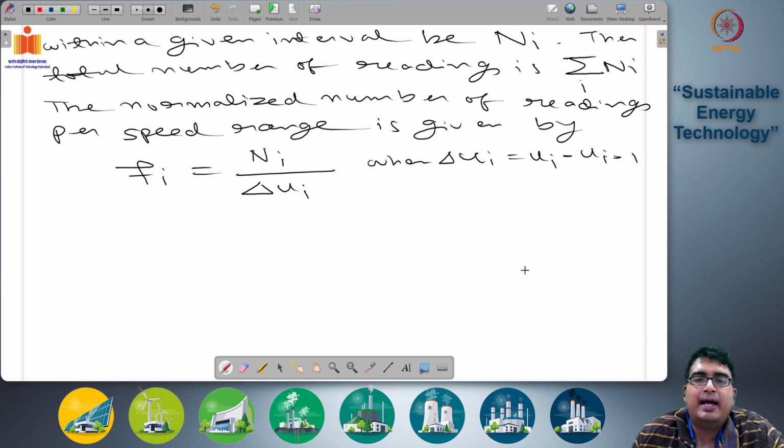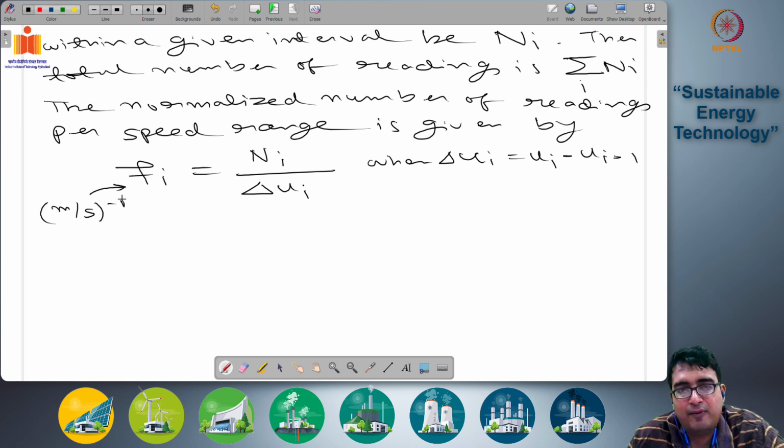Okay, and Ni is the number of readings in this velocity interval, U(i-1) to Ui. Note here Ni is a number and delta Ui is a velocity. So the unit of Fi is meter per second inverse. Okay, so this is the number of readings per meter per second, number of readings per unit velocity for the ith interval.